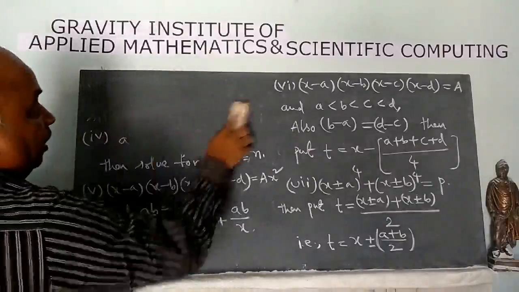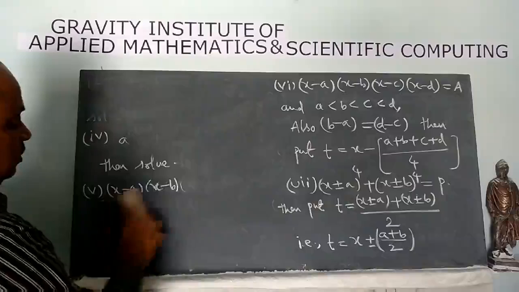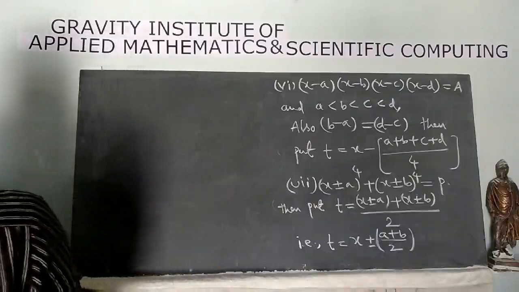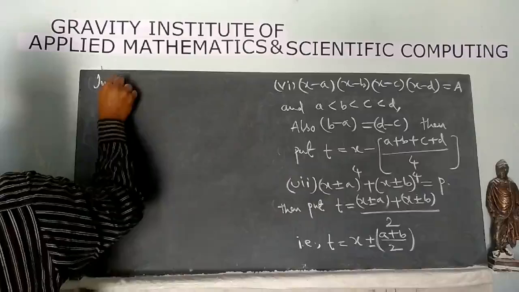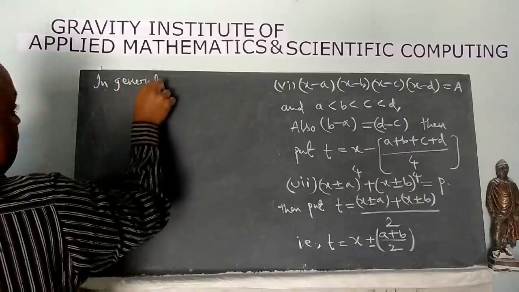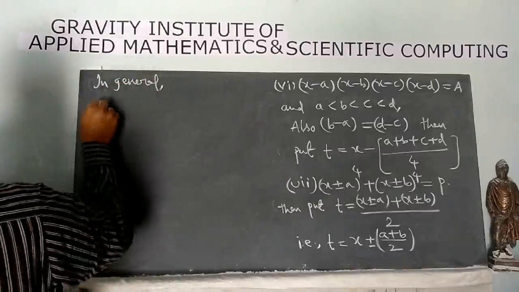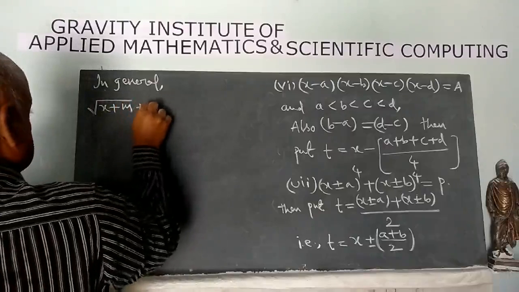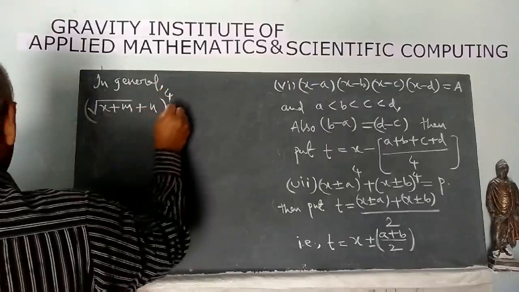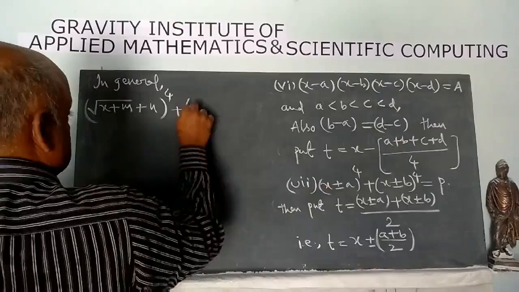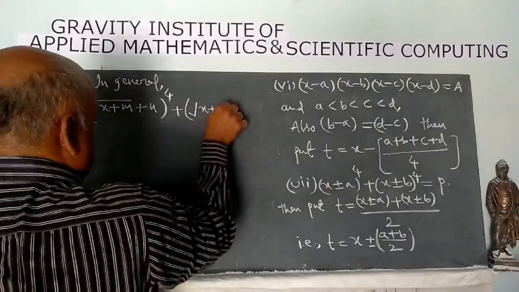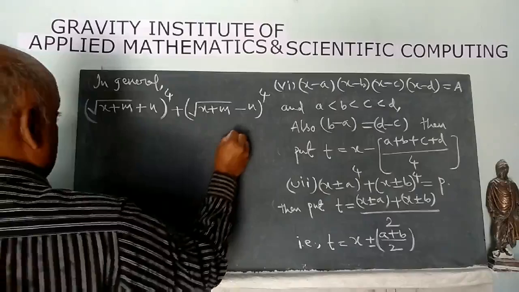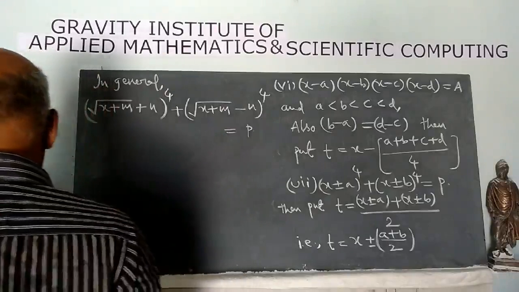In general, (x plus m plus n) whole to the power of 4 plus (x plus m minus n) whole to the power of 4 is equal to p.